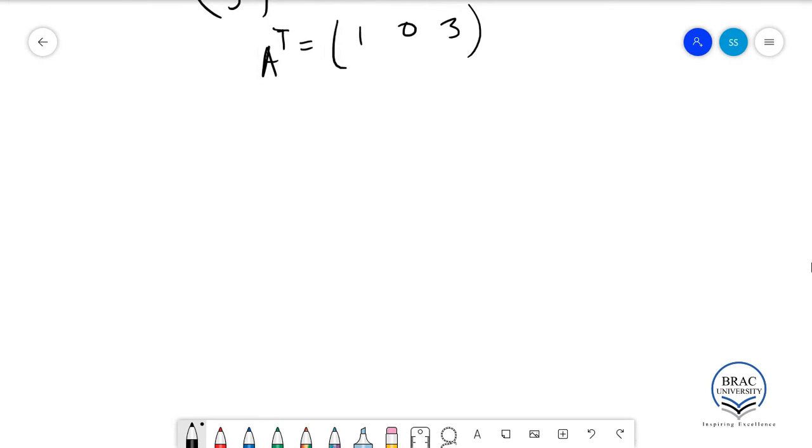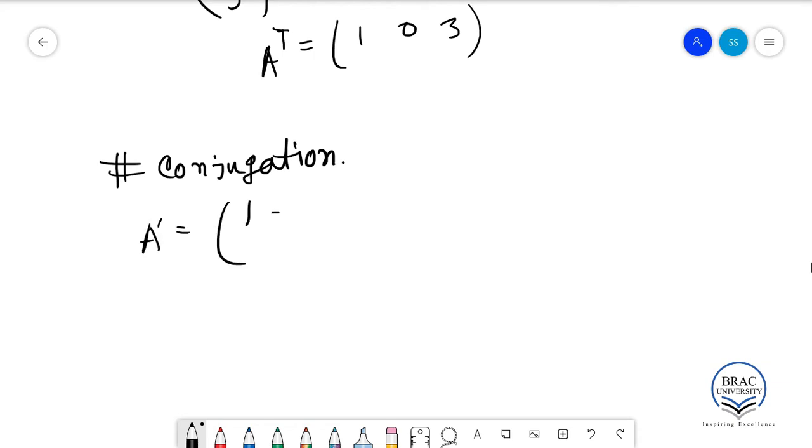The second thing we want to discuss is conjugation. Conjugation means that when you have a matrix, let's say, A prime is equal to 1 plus i, let's say that's the first element, and the second element is 0, the third element is 3, and the fourth element is minus i, and you want to find the conjugate of this matrix.